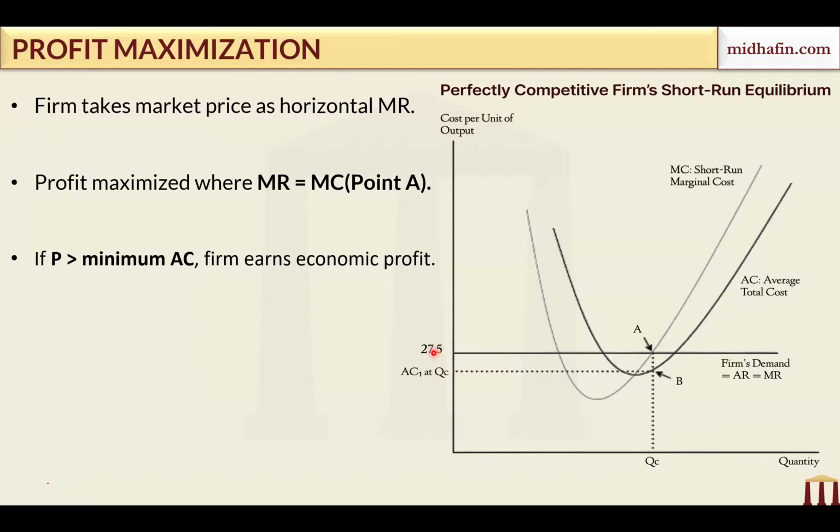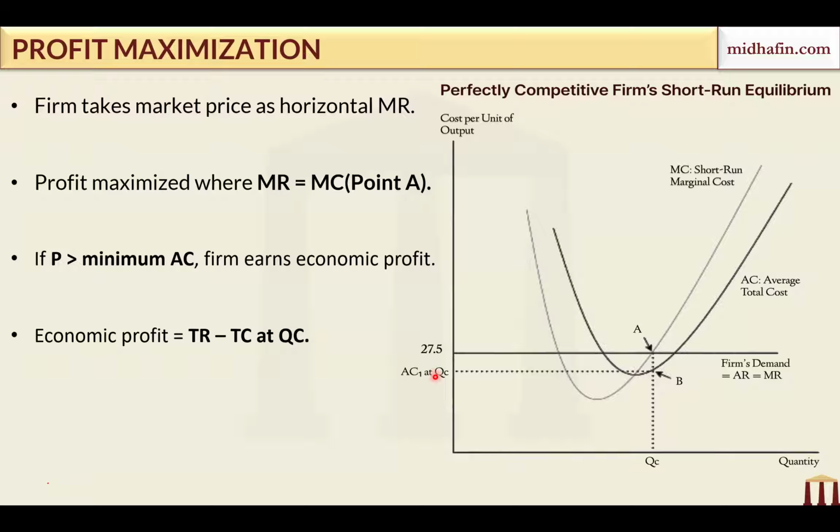Okay, so you have your economic profit as total revenue minus total cost at QC. And it makes sense because this is your total revenue, price multiplied by quantity, which is the area of this rectangle. The height of this rectangle is price, and this is the width of this rectangle, QC. So the area of this bigger rectangle is total revenue, and cost is lower: average cost multiplied by quantity, which is the area of this rectangle.